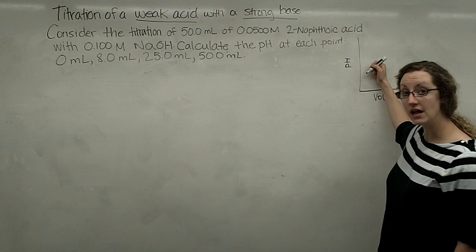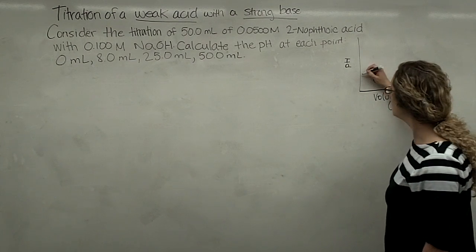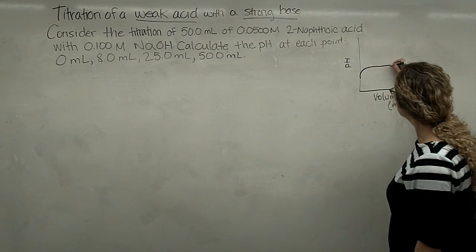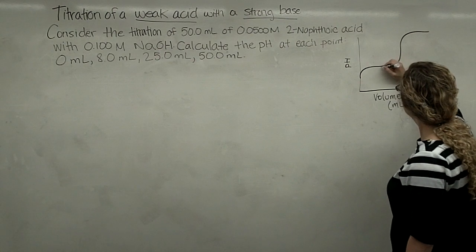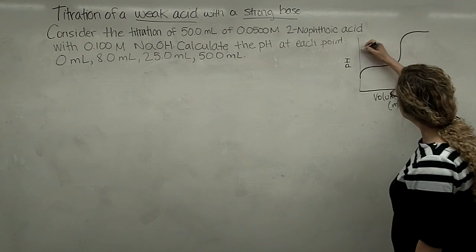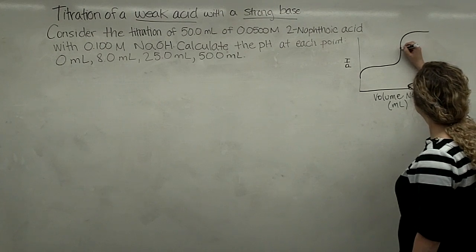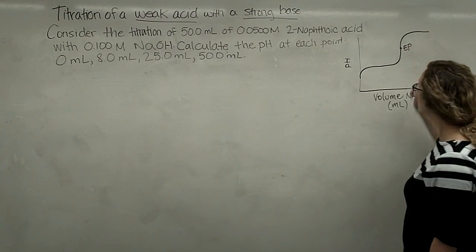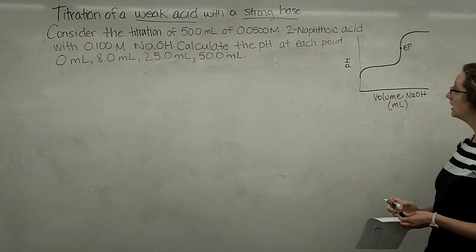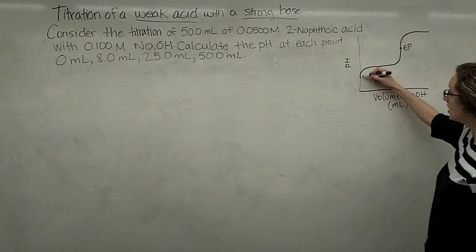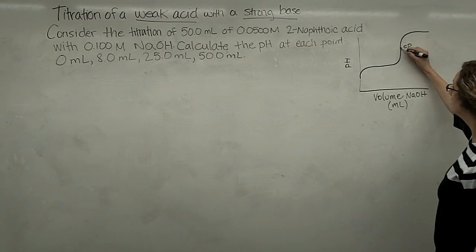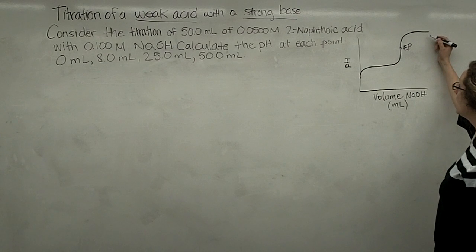Remember, it's a weak acid, so it starts with a low pH and then goes to a higher pH. So we should expect something like this. Here's my weak acid titration curve, and my equivalence point is shown here on the plot.